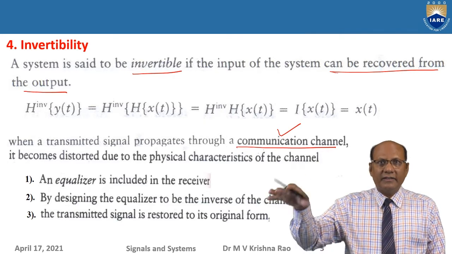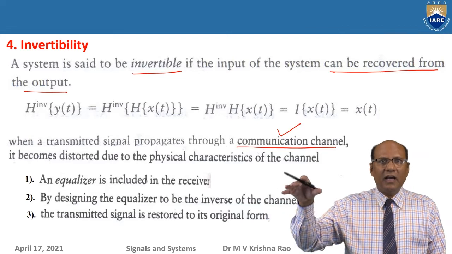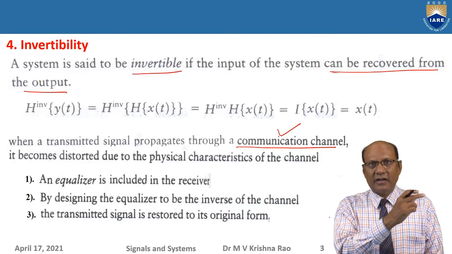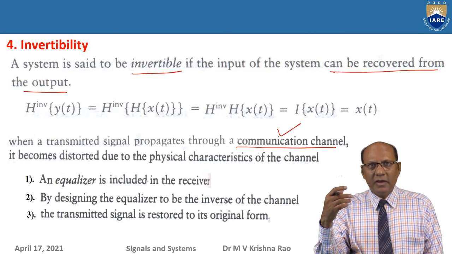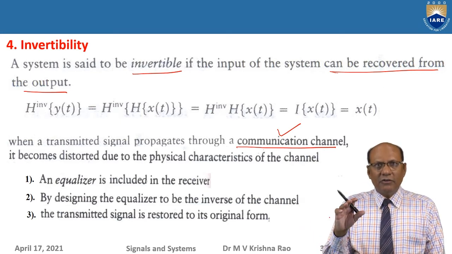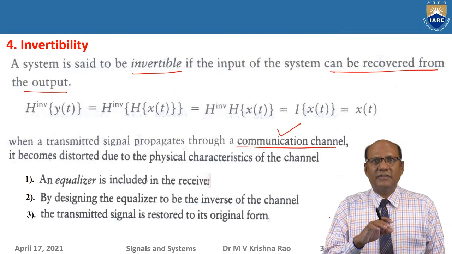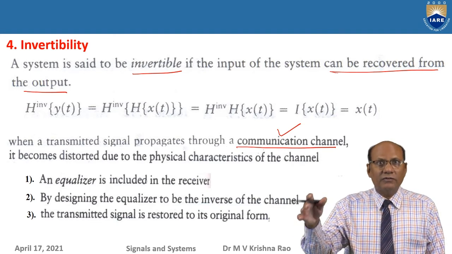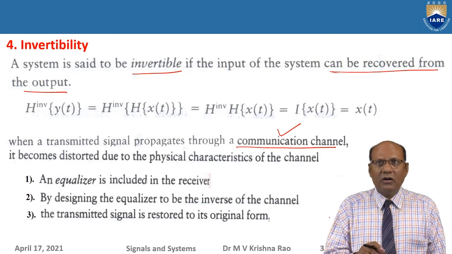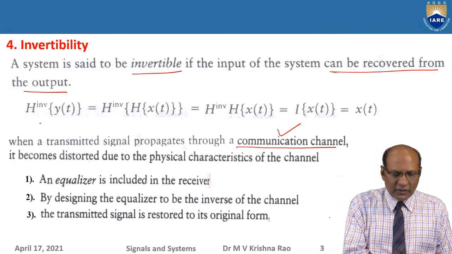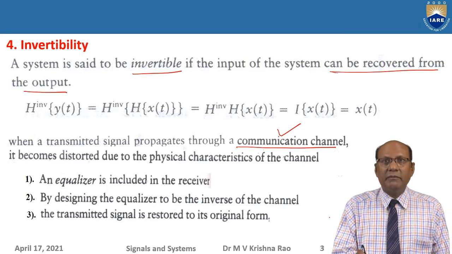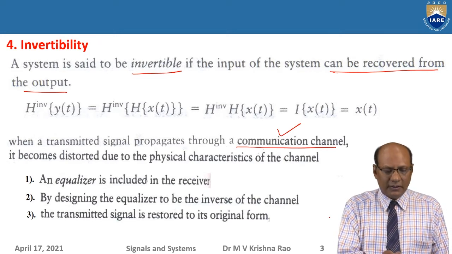That means at the receiver, you can get back what you transmitted at the transmitting end. It may not be exact, but it is very close to the transmitted signal. That means you have an additional circuit in the channel. That is one requirement where you get this kind of invertibility.